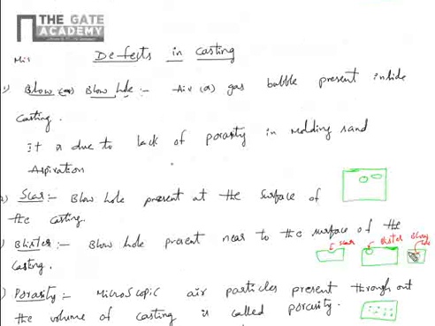Misrun is a defect: non-reaching of the molten metal to the farthest point in the casting.